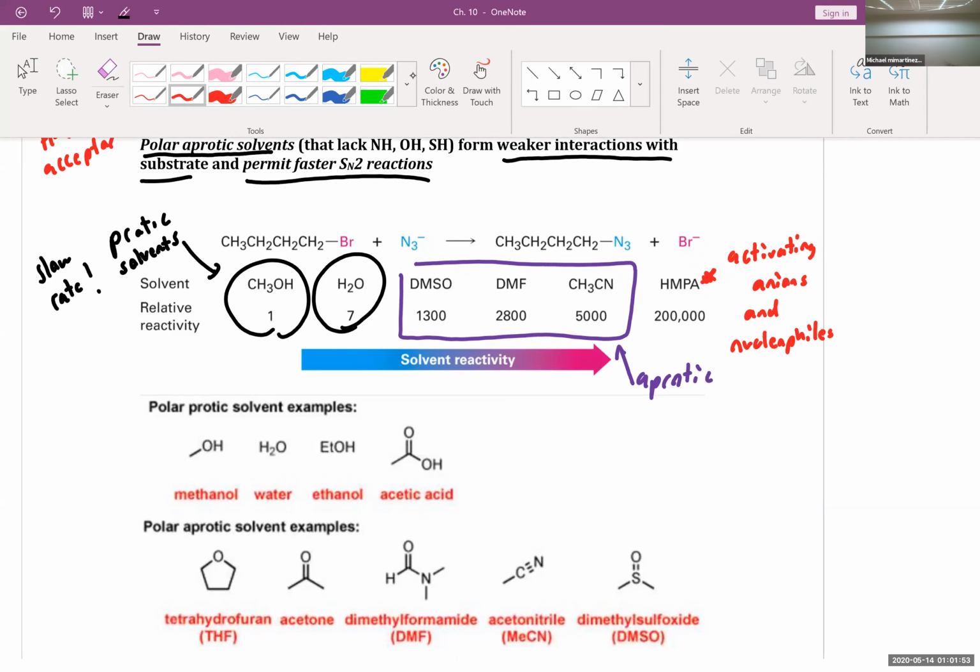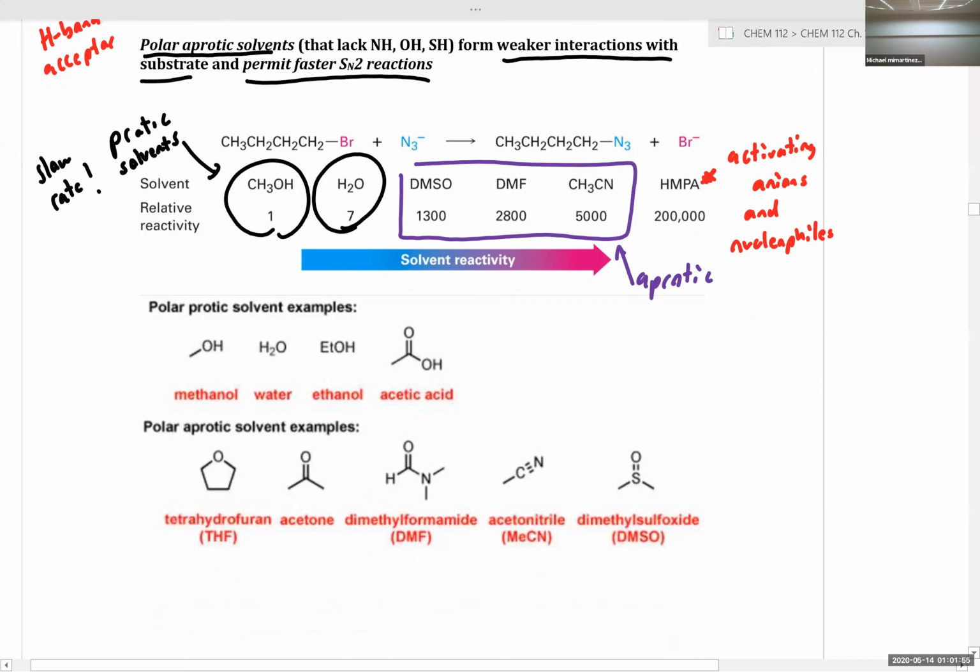Okay, just to provide you a structure, here are some common polar protic solvents that you should know and you'll be tested on. And here are the common polar aprotic solvents. Any questions so far? So again, polar aprotic solvents permit faster SN2 reactions. So let's write that down.